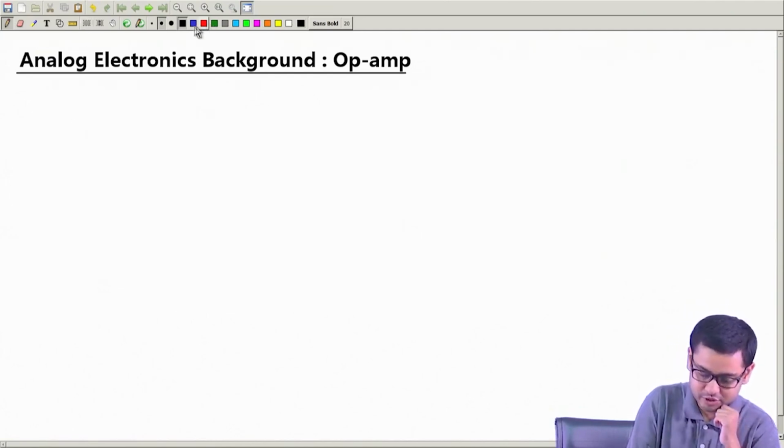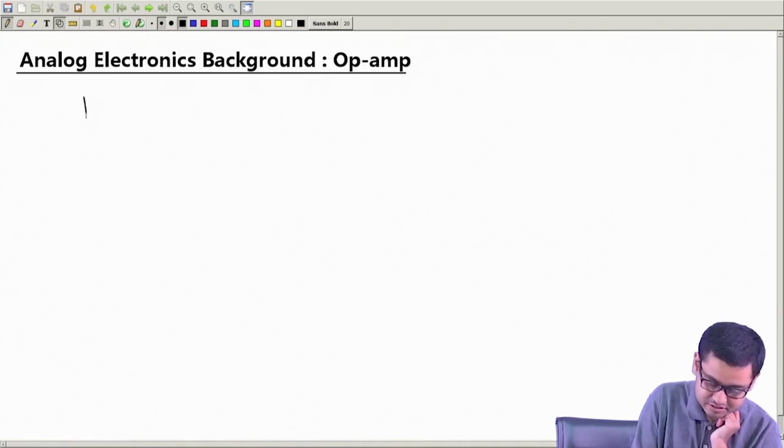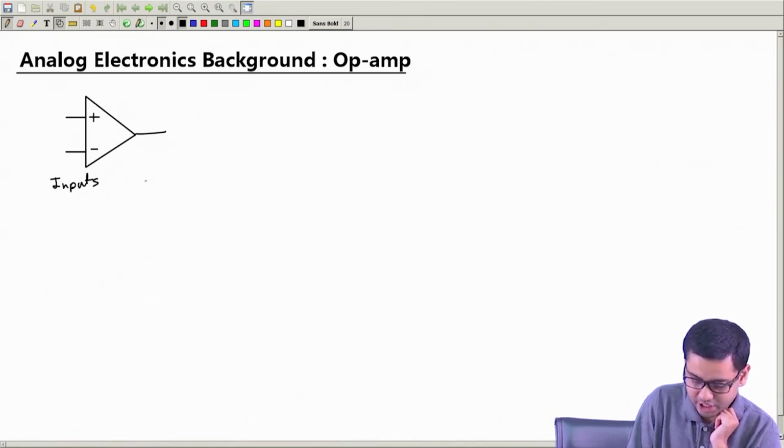We can draw it with a triangle. It has two inputs, which we denote as plus and minus, and it has one output. So these are inputs and this is the output.